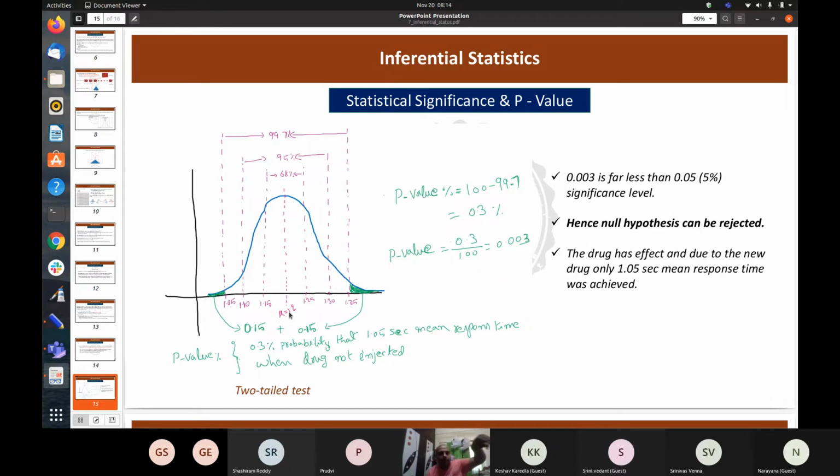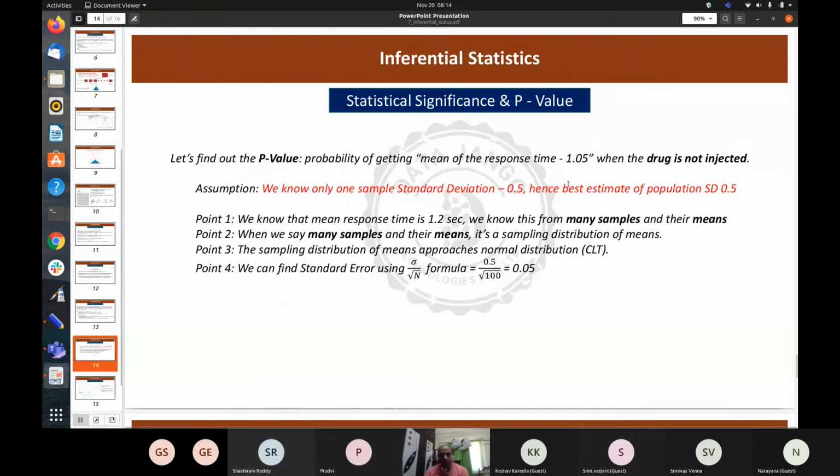Or if they had conducted 1,000 experiments of 100 rats each before, and I know all the individual means of those 1,000 experiments, then I can also calculate the standard deviation of the sampling distribution of means. Do you agree? Yes. So now we don't have those two.